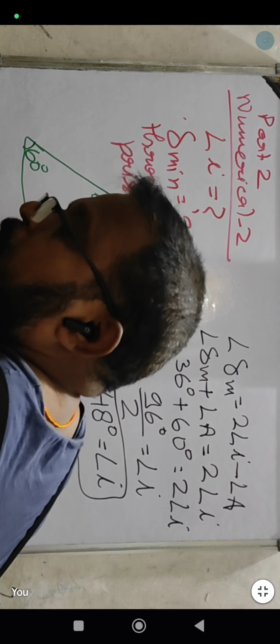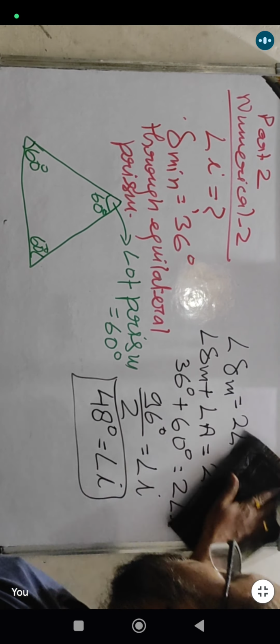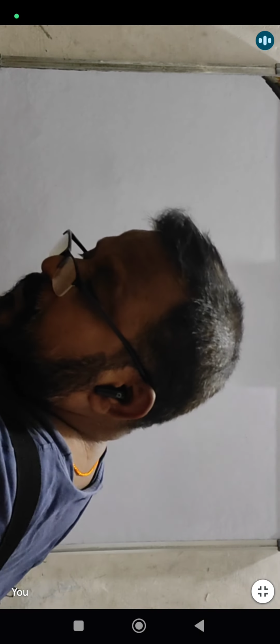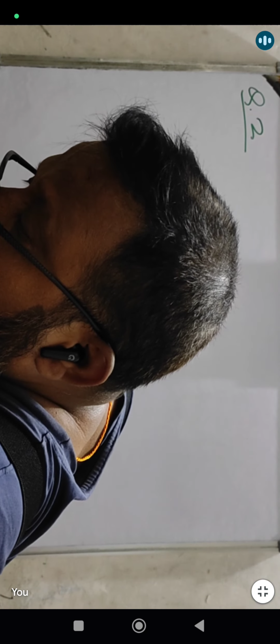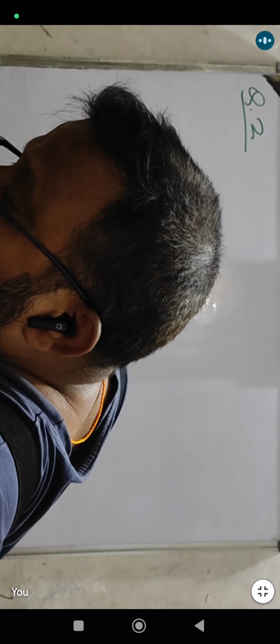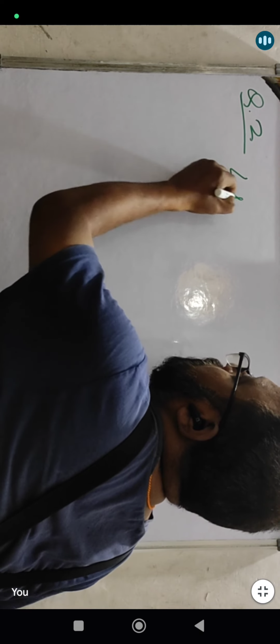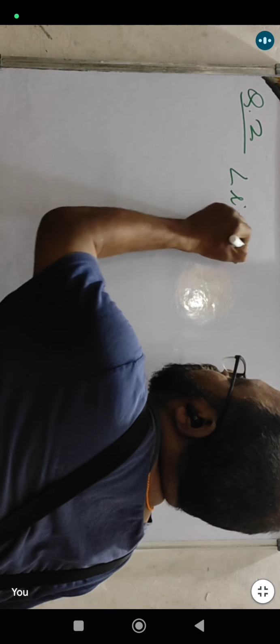Okay. Now the second question in this section, question number 2. The ray of light is incident at an angle of incidence, angle I, of 48 degree, right?